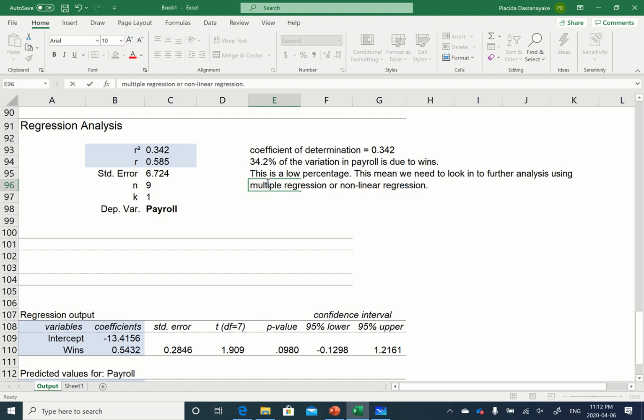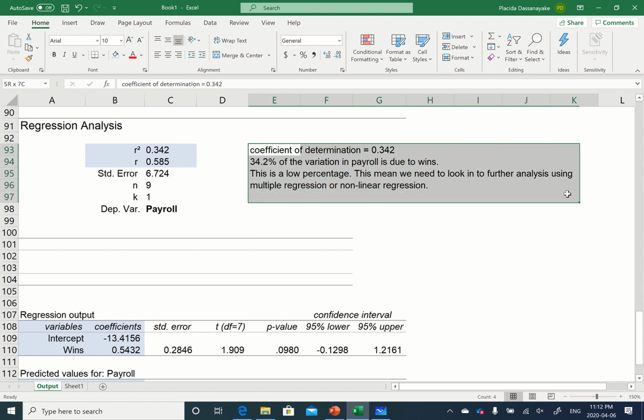So 34.2% of the variation is determined by the number of wins, which means a player's payroll does not solely depend on the number of wins. There have to be other factors involved in deciding their payroll. That would be the appropriate conclusion in terms of the coefficient of determination.